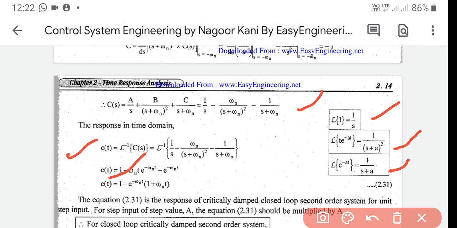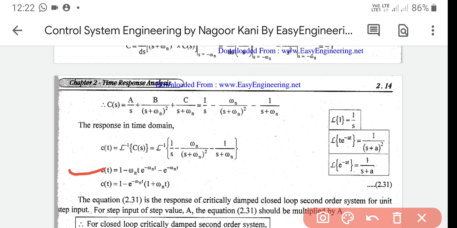Inverse Laplace transform of 1 by (s plus a) whole square, that is 1 by (s plus omega n) whole square, can be written as t into e power minus a t, that is nothing but t into e power minus omega n t. So the second term is minus omega n into t into e power minus omega n t.